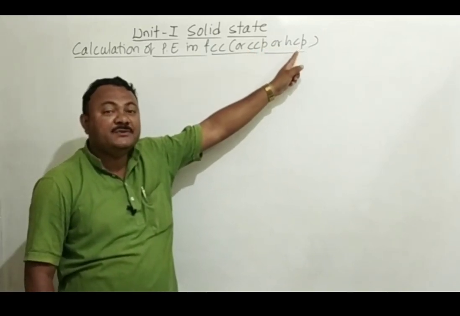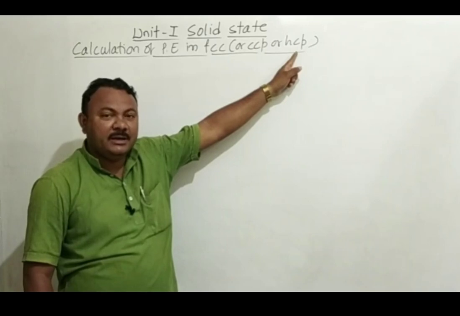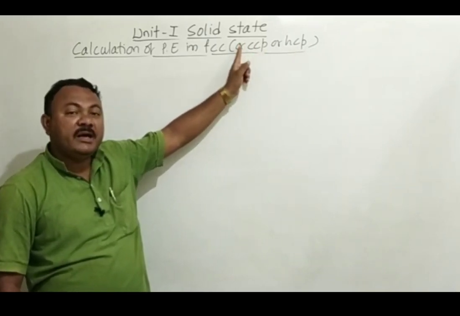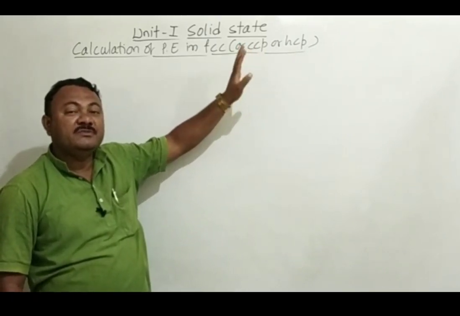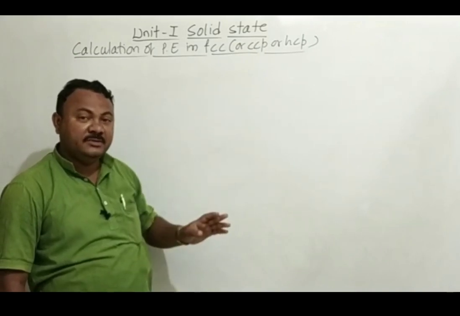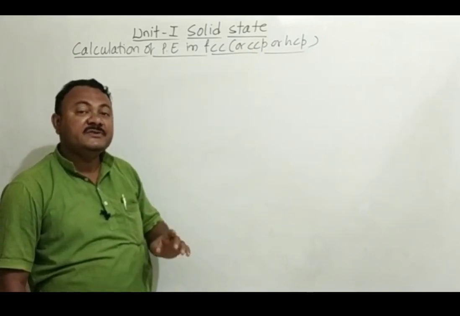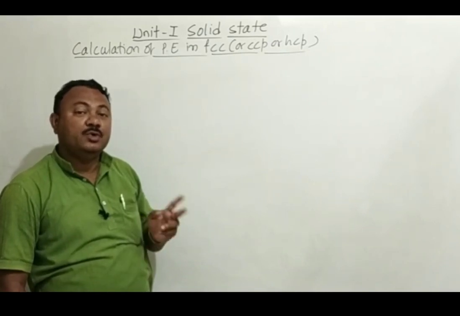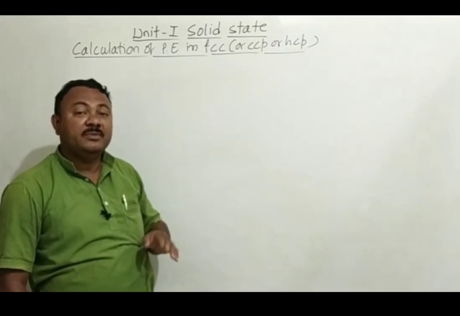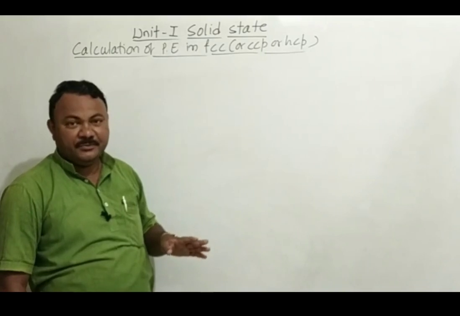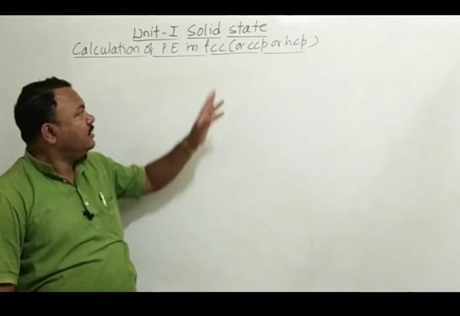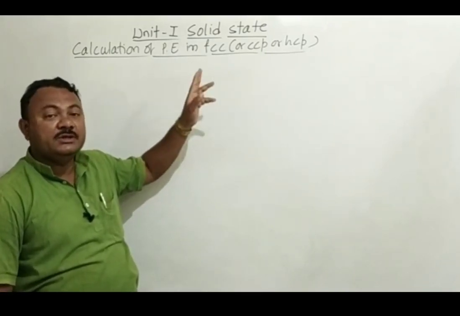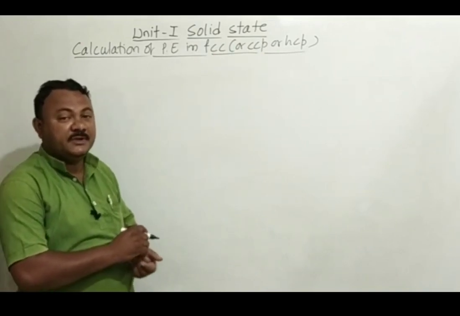AB close packing is called hexagonal close packing. ABC close packing is called cubic close packing. Close packings are different, but the packing efficiency is same. Say for example, we can take the examples of two classrooms. Classrooms are different, but the sitting capacity is same. Like this, we are going to see the calculation of packing efficiency in FCC.